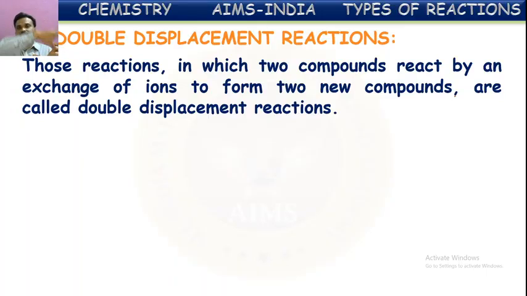One ion from this compound will come to the other compound, and one ion from that compound will go and combine in this compound, so that two new compounds are formed. So what is happening here? Mutual exchange of ions is happening, and hence two new compounds are formed. Such reactions are called double displacement reactions.